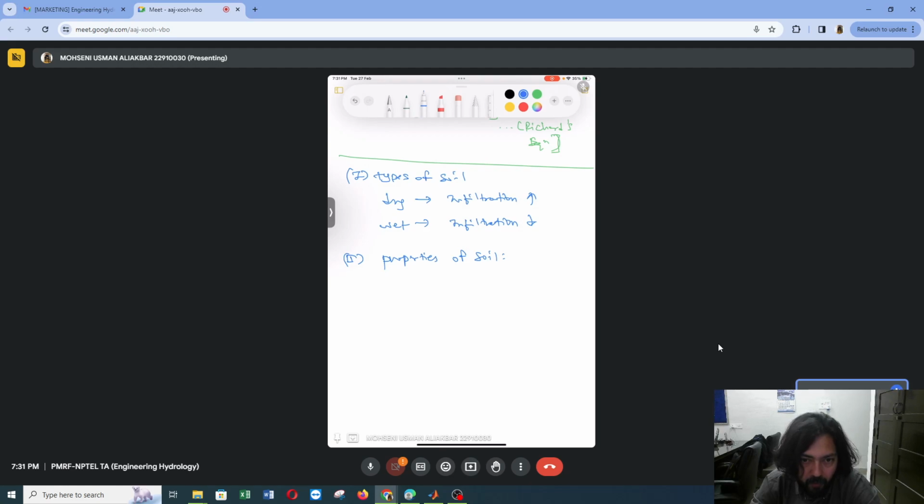Porosity is the volume of void. So if porosity is more, there is more space inside the soil. So when porosity is less, then infiltration will also be less, and vice versa is the opposite case.